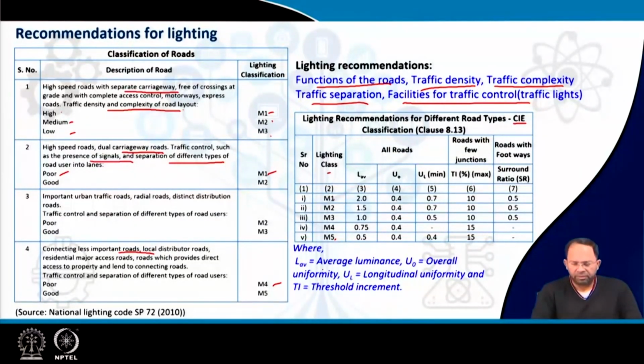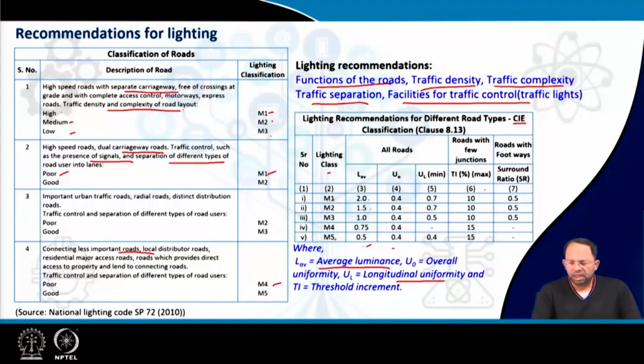One is Lav, which is average luminance, that should be there. The values are given as 2, 1.5, 1, so as you see, the less important the road is, the lower the value, and this is candela per meter square, so this is luminance. Then U0 is the overall uniformity of that particular lighting level, UL is the longitudinal uniformity, and TI is the threshold increment.